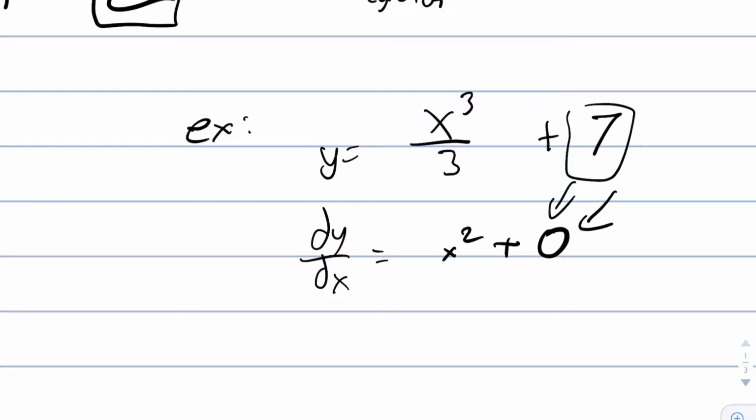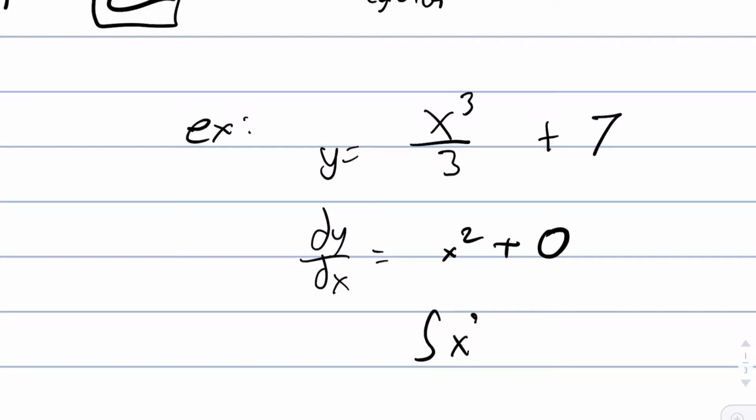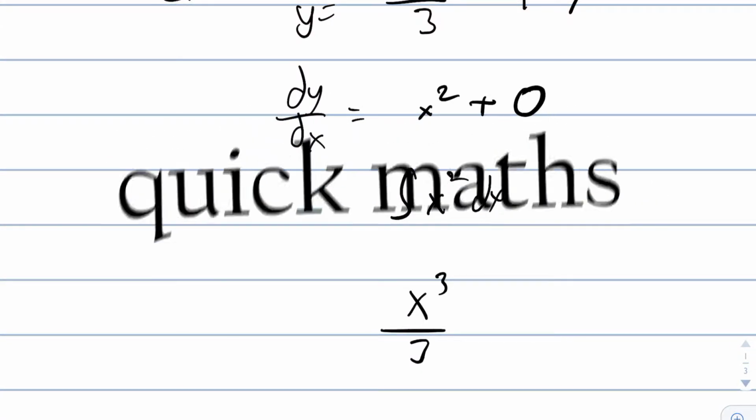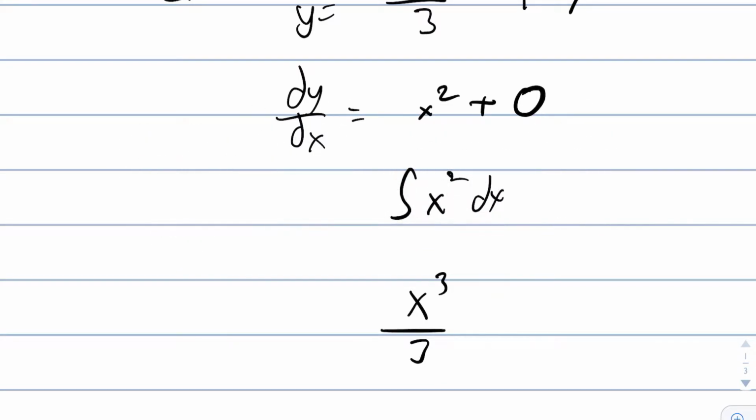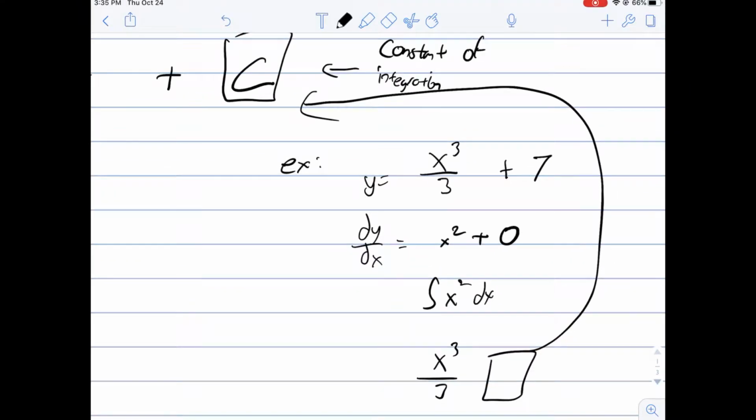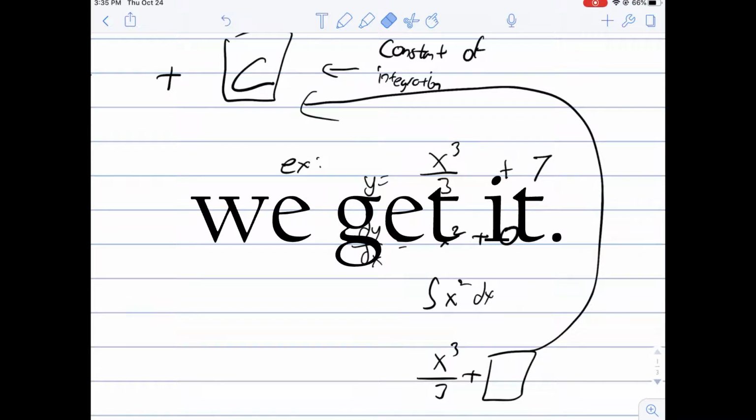It's no longer accounted for. If I were to try and integrate this function, just x squared dx, I would get x to the third over 3. 2 plus 2 is 4, minus 1, that's 3, quick maths. And there's no 7 over here. So the c acknowledges that there could be something there that you're missing. That's why it's called the constant of integration. It stands for something that you may lose during the process of integration.